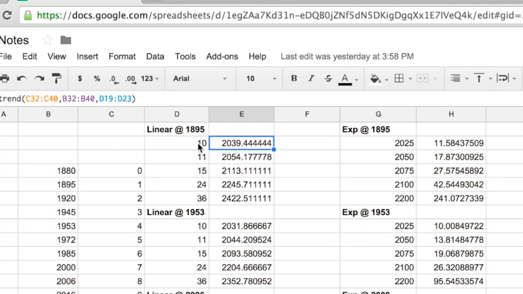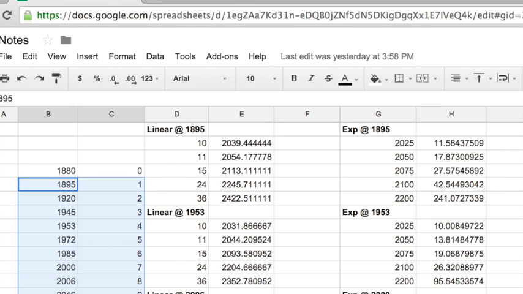This is simply written as the trend equation in Excel. And what it does is you pull the data from, in this case I said linear at 1895, so you can't start at 0, you have to start at 1. So I went from 1895 through 2016.